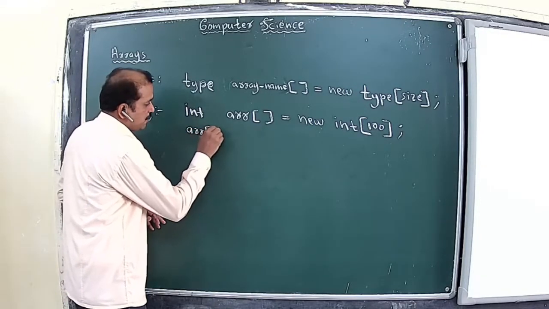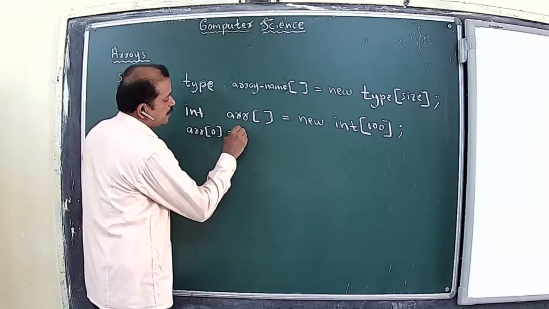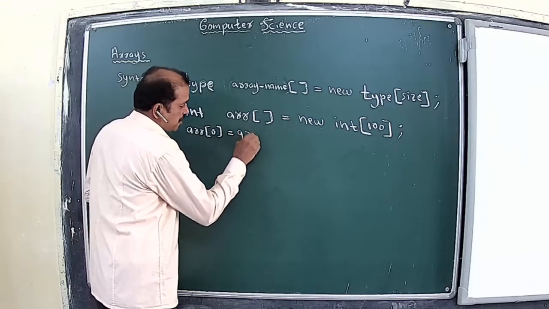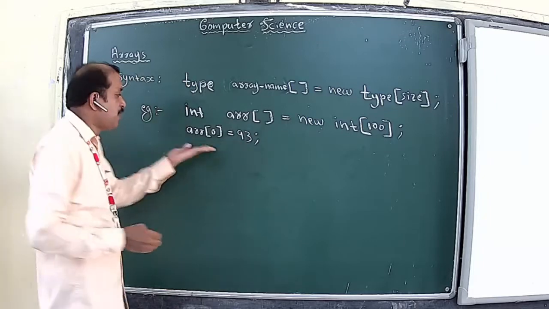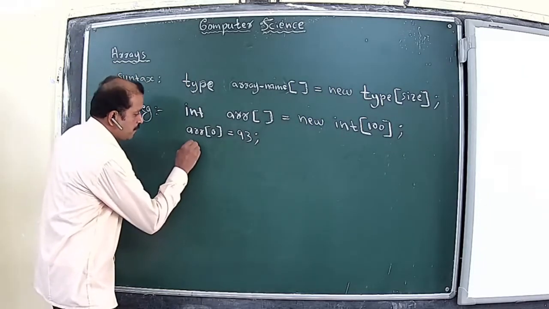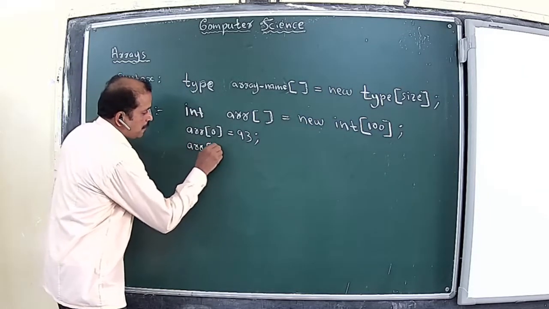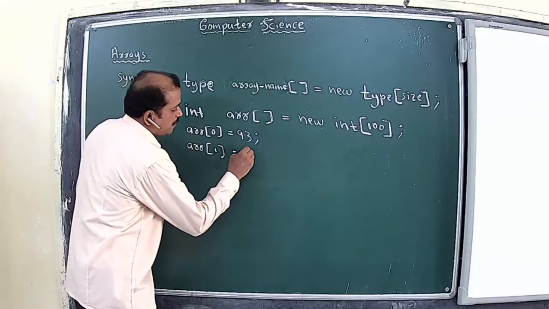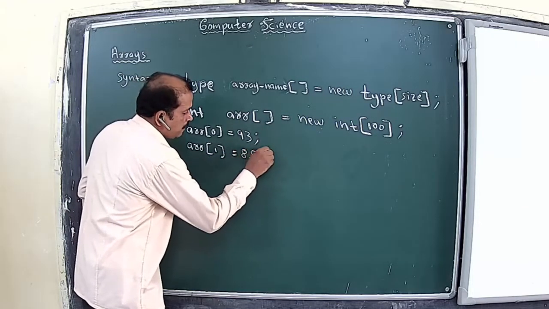Here, A of 0 equal to 93. Any integer value can be assigned to this particular variable. A of 1 equal to 85.